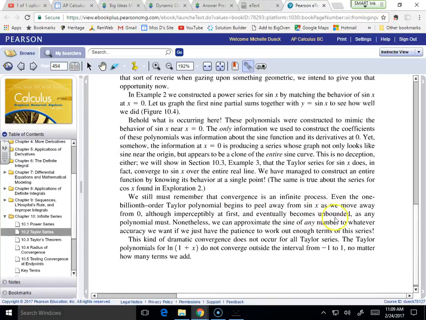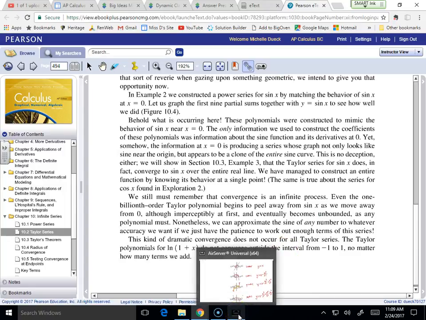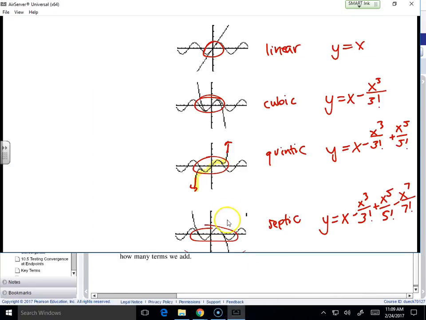"Imperceptibly at first and eventually becomes unbounded." What does it mean by unbounded as far as a polynomial? Like it works for all real numbers. Works for all real numbers, but also sine is bounded between 1 and -1, but all polynomials should be unbounded. Now, all even polynomials will be unbounded in the same direction, right?